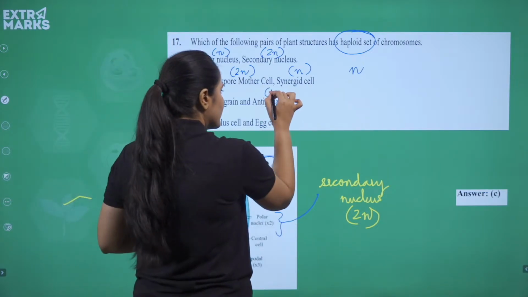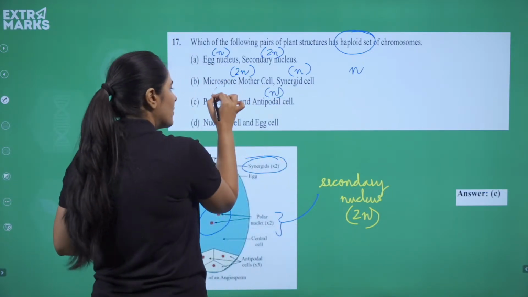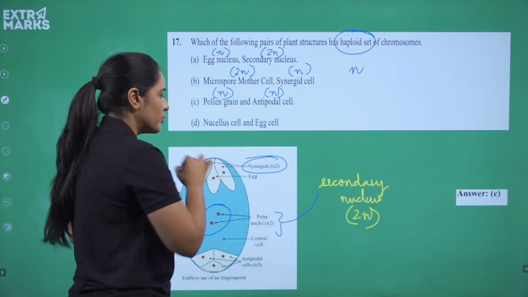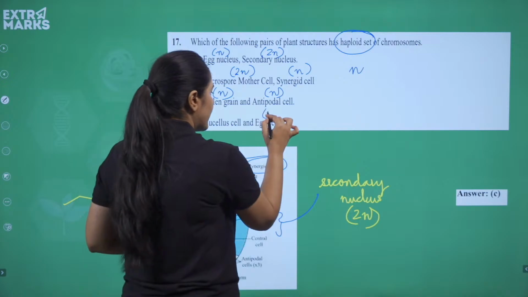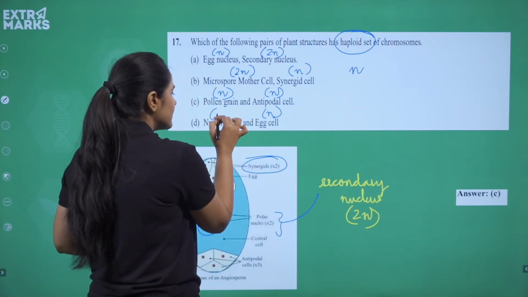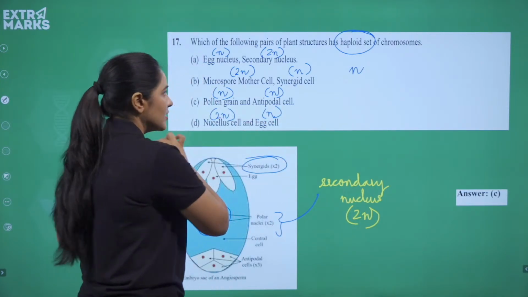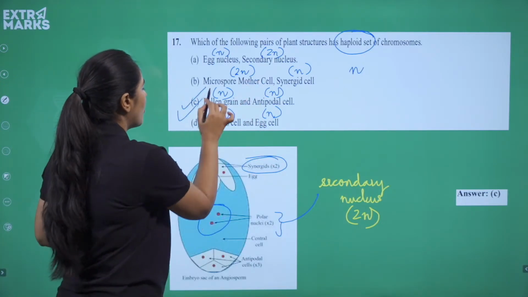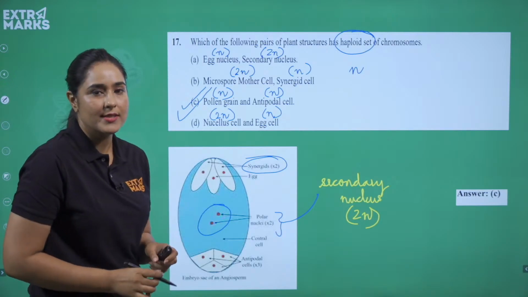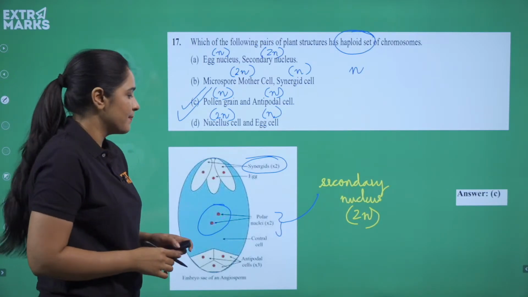Antipodal cell, obviously they will be haploid, and pollen grain, it will also be haploid here. Nucellus cell and egg cell. Egg cell, it will be haploid, but nucellus, it will be diploid in nature. So the haploid set of chromosome, they are present here in C option. Pollen grain and antipodal cell, they are haploid in nature.